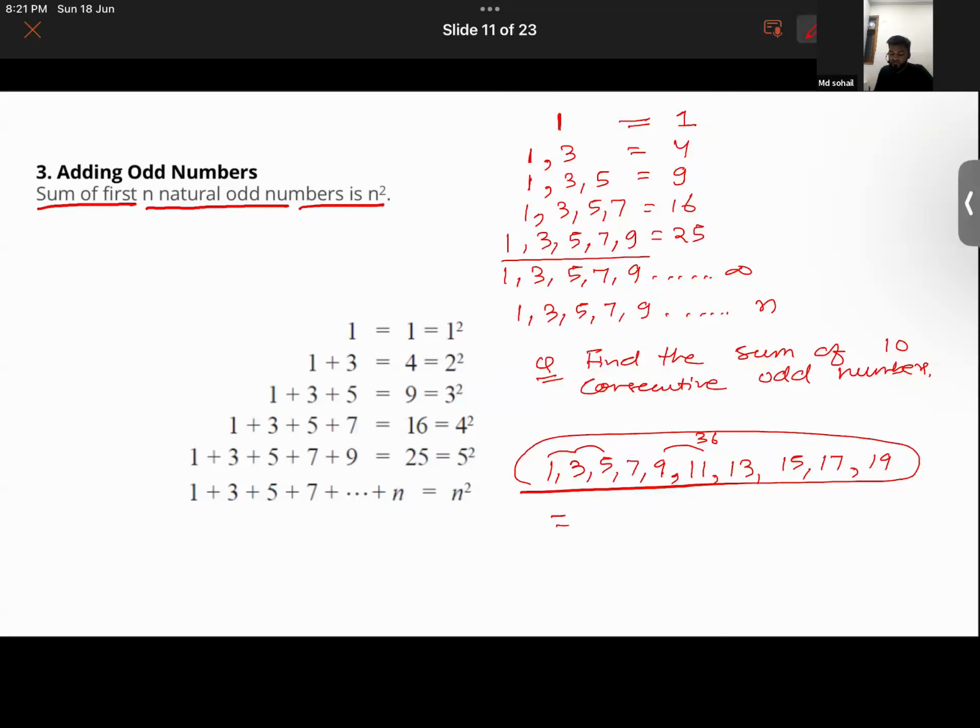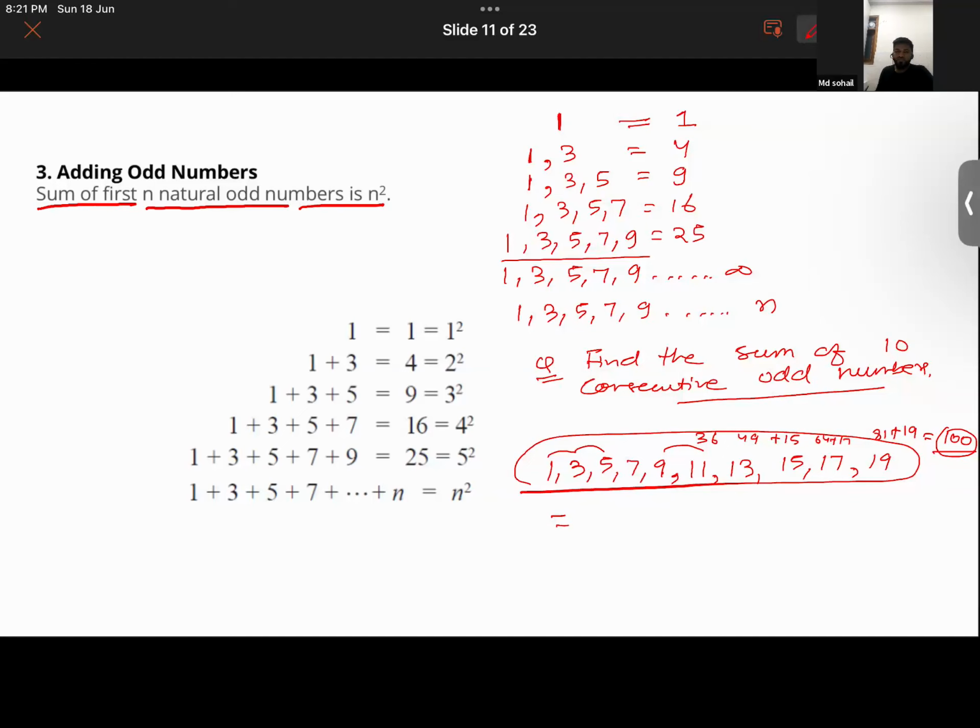Then 36 plus 13, that gives you 49. 49 plus 15 gives you 64. 64 plus 17 gives you 81. 81 plus 19 gives you 100, right guys? Who got 100? So we found the sum of these consecutive odd numbers to be 100.